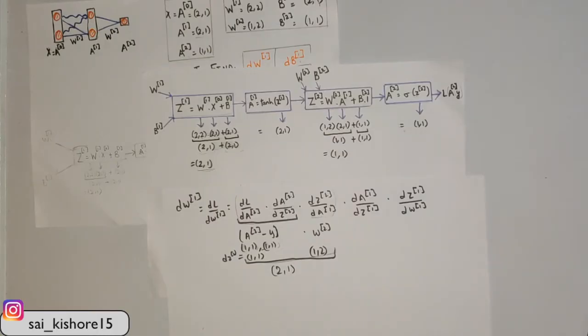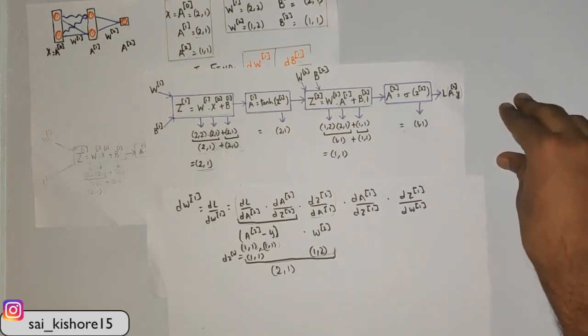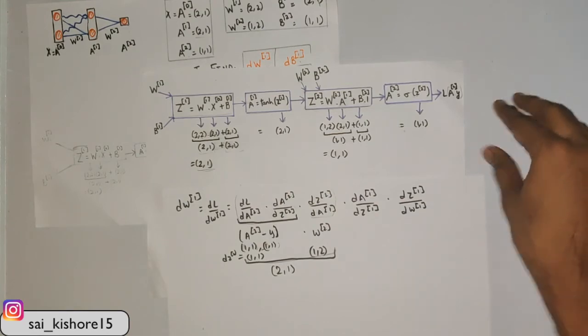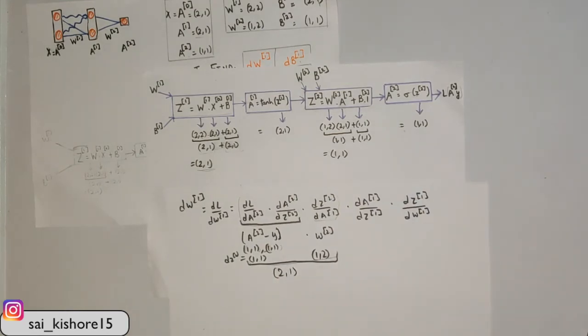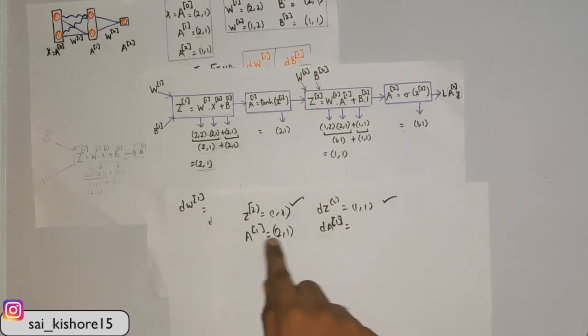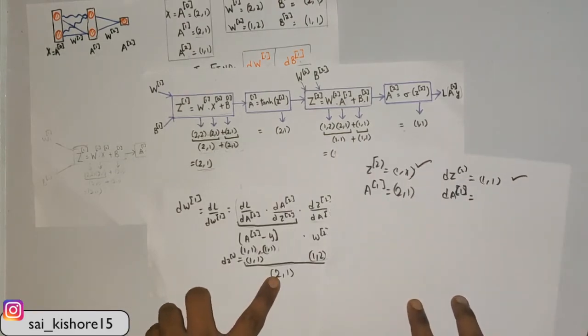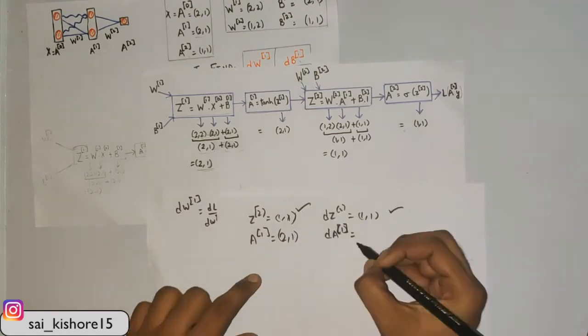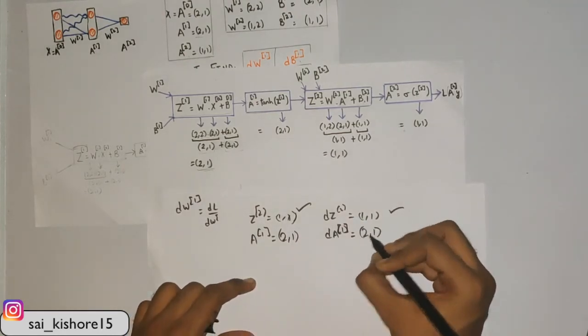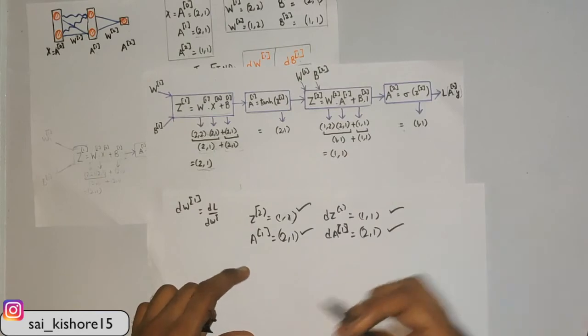Now from the experiment, you are very sure that no matter what method you use, the final goal is the same thing, that you have to bring this to the same shape as A1. Now since we brought this to be 2, 1, we can write it here and then verify this.